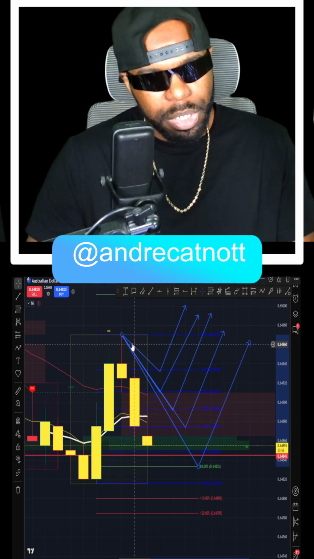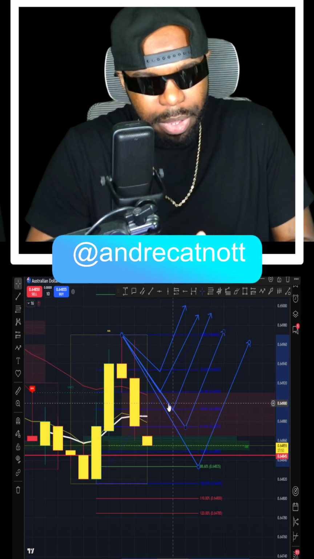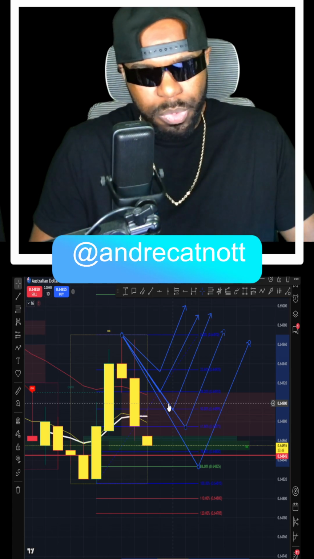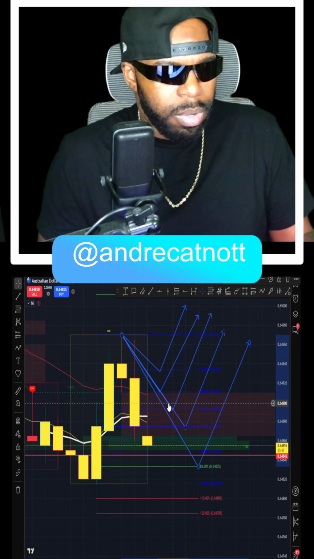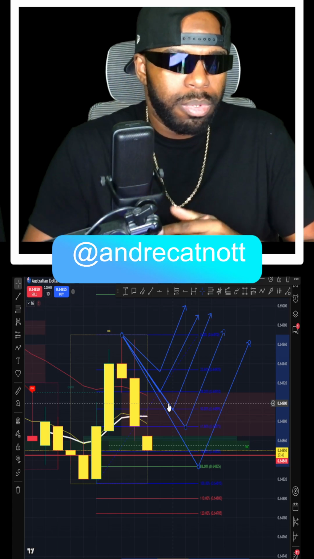You can look for positions anywhere on those levels. So if you know the higher time frame trend, and by the way, I like to use the Fibonacci retracement on the 4 hour, the daily, and also the weekly.